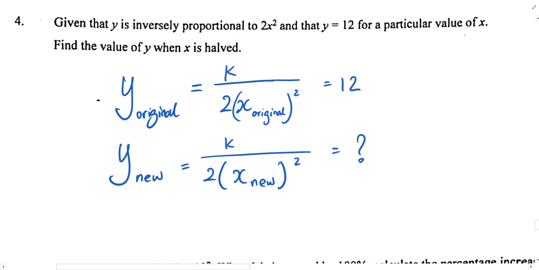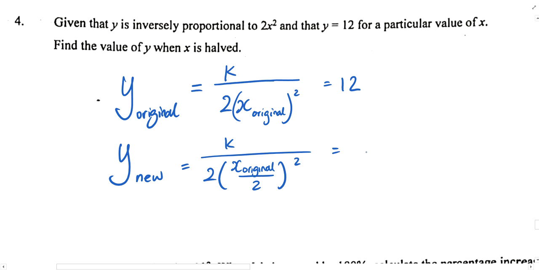What is the relationship between x new and x original? Can you write x new in terms of x original? What is my x new equal to? x original over 2, yes. Okay?